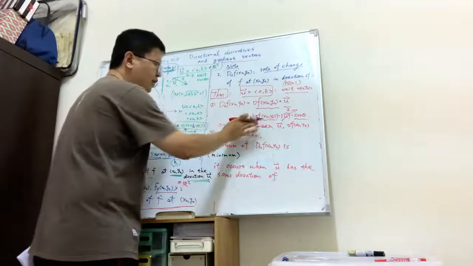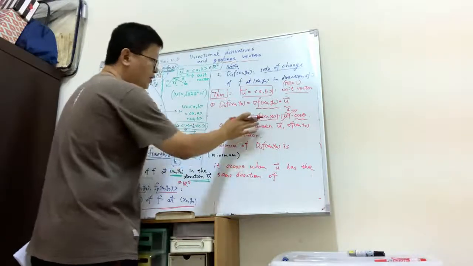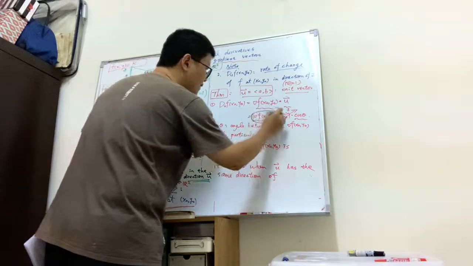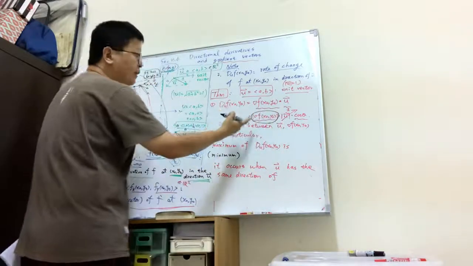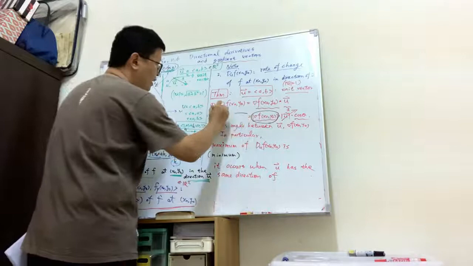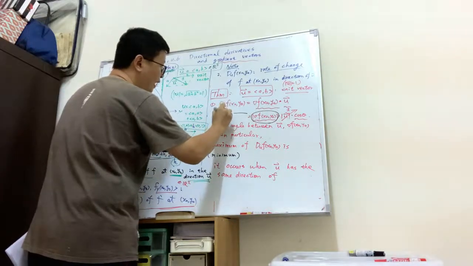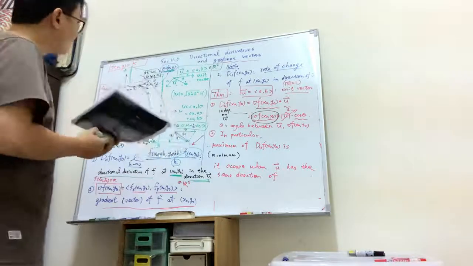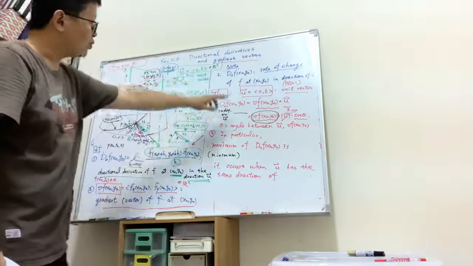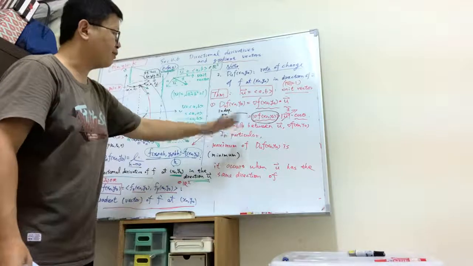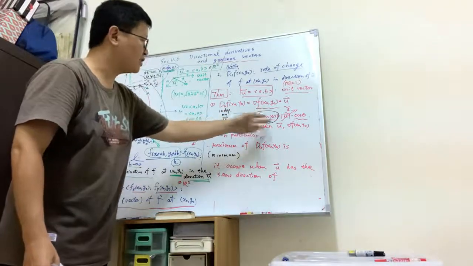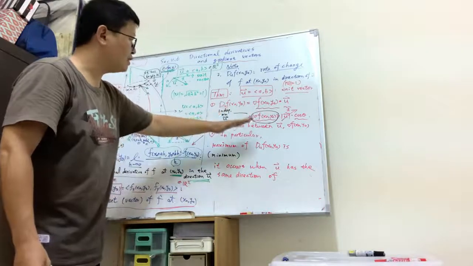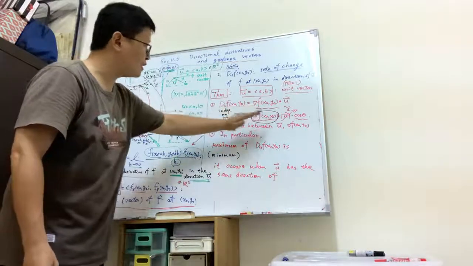But in this result, you could see that the gradient term is independent of u. It's independent of the unit vector, right? If we have a function f, we could consider its gradient directly and plug in the values x0, y0. So this term is independent of u, and we could check it directly.